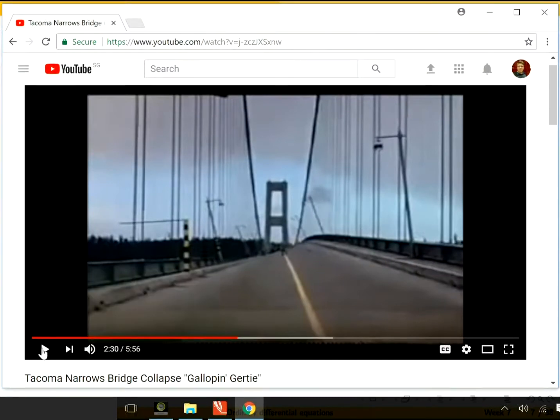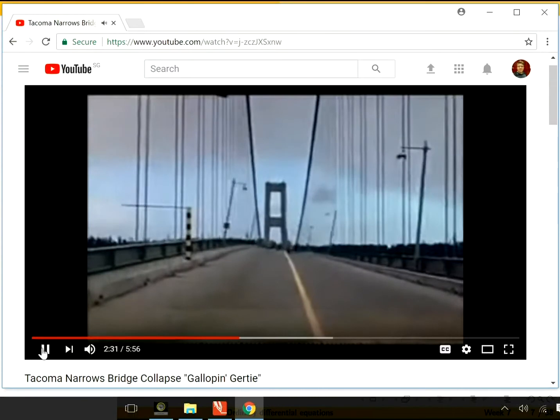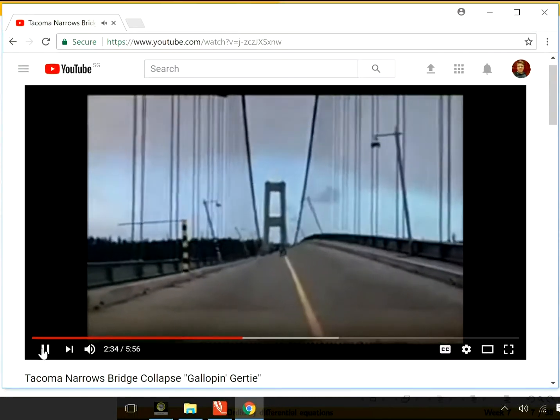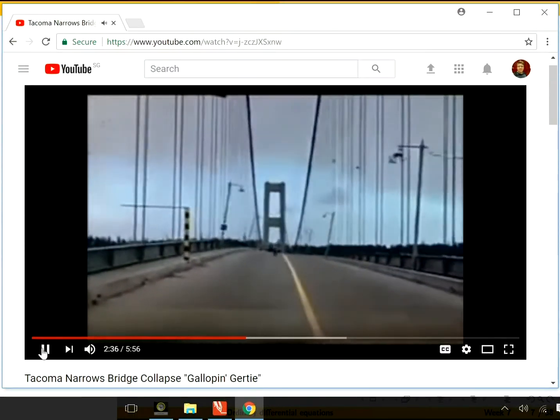And so this was a disaster in 1940, I think, where the bridge collapsed.